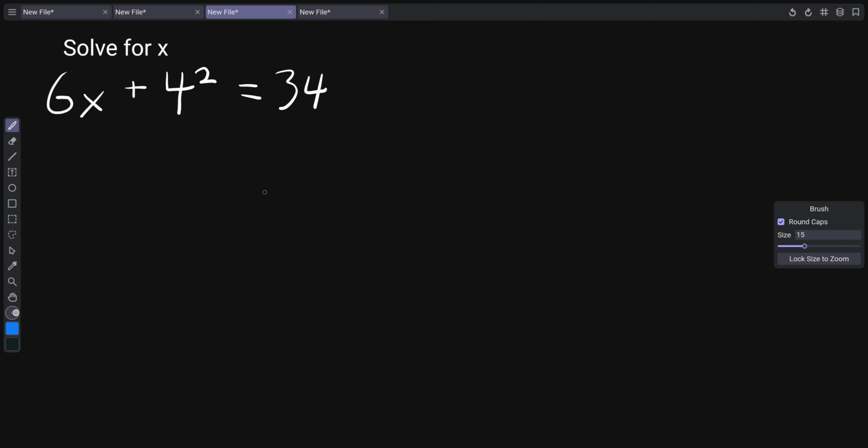So this is an example of solving for x. We have here 6x plus 4 to the second power equals 34. And I'm just going to write the acronym one more time: PEMDAS.